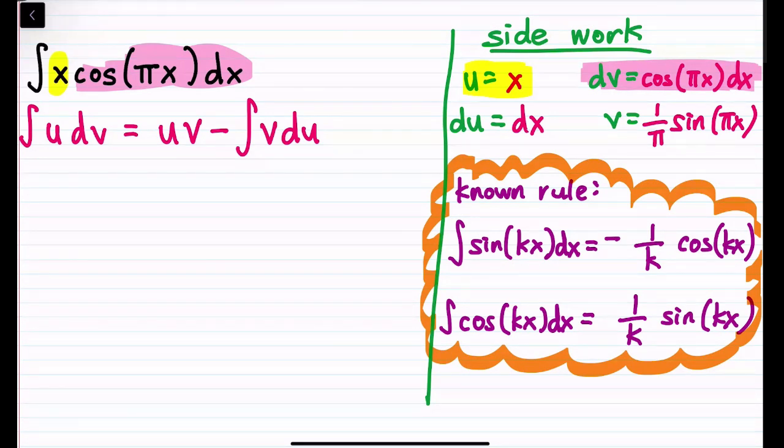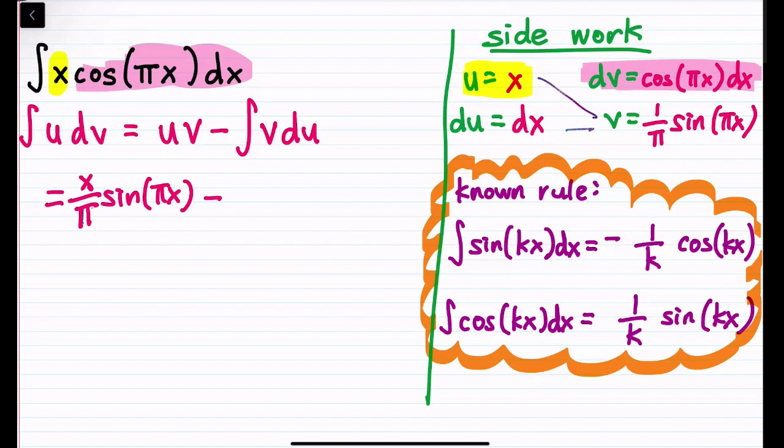Going back to my main work, I'm going to multiply u by v. So that would be x over pi times sine of pi times x, minus the integral of v times du.